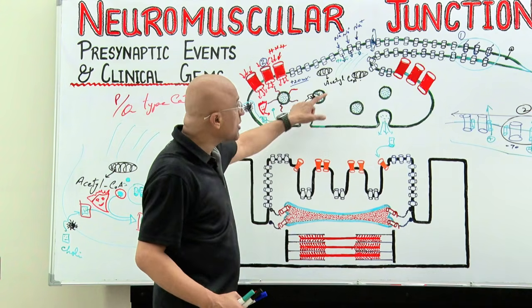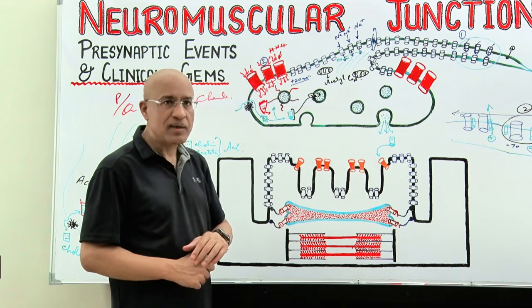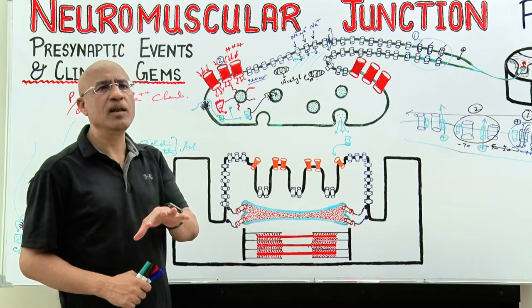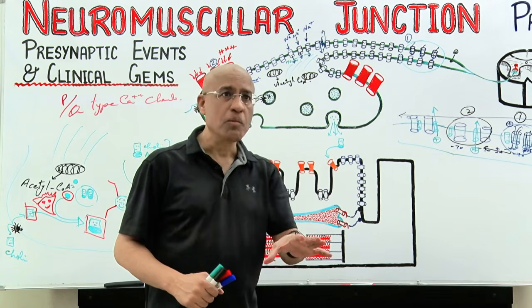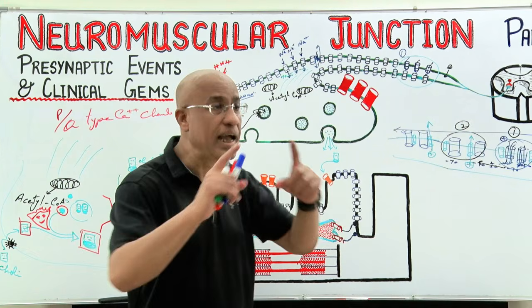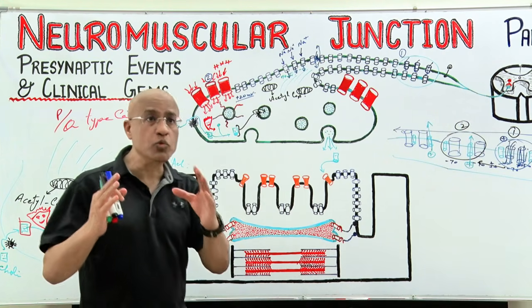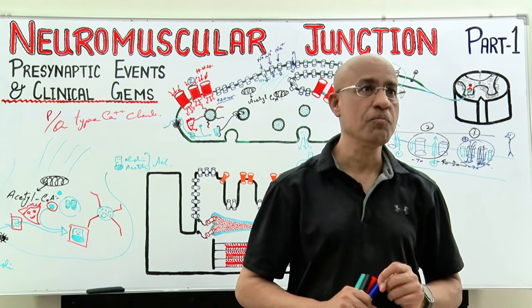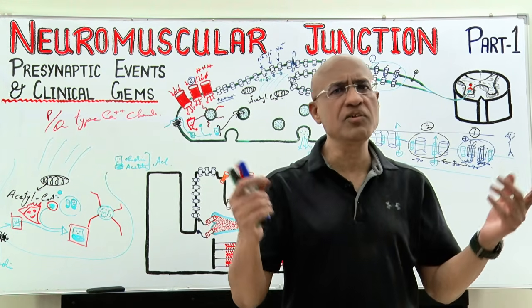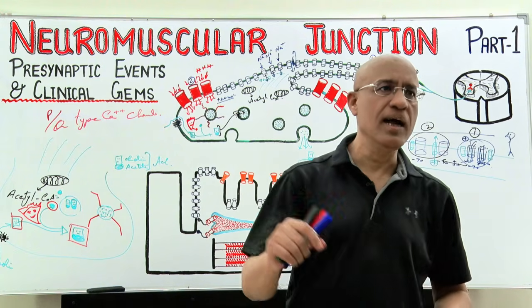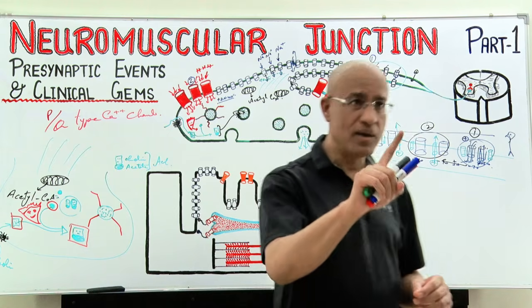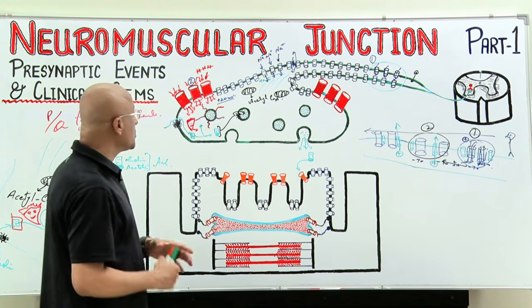So vesicles remain inside the button, but rarely one or two vesicles may fuse, not in bulk. When an action potential comes, usually 200 to 300 vesicles fuse with one action potential. But if there is no action potential, maybe some random bouncing occurs and by chance one will release its content, right?